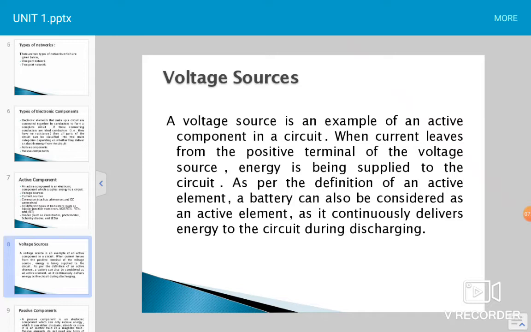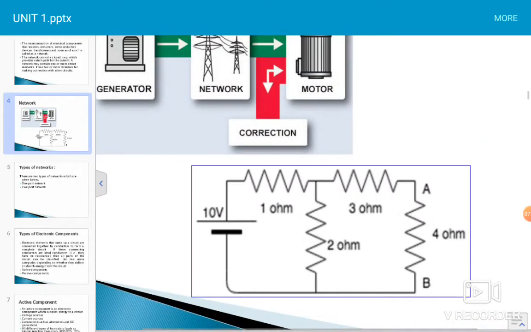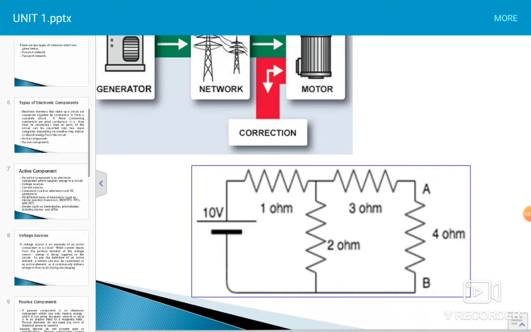A battery can also be considered an active element, as it continuously delivers energy during discharging. See this circuit. Voltage source is connected here, and this voltage source continuously delivers the energy to the network. So this is the example of the voltage source, an example of an active component.